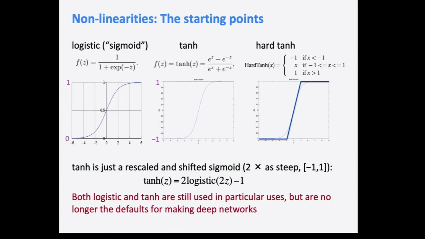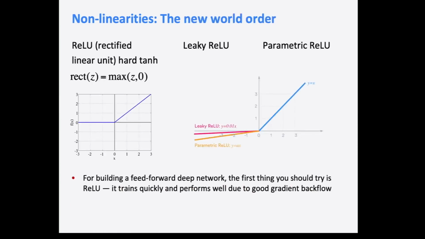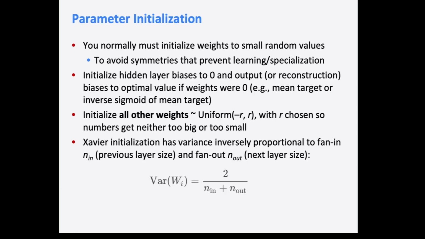If you have a matrix with big values in it and you multiply a vector by this matrix, things might get bigger, and then if you put it through another layer, it'll get bigger again, and then everything will be too big, and you'll have problems.